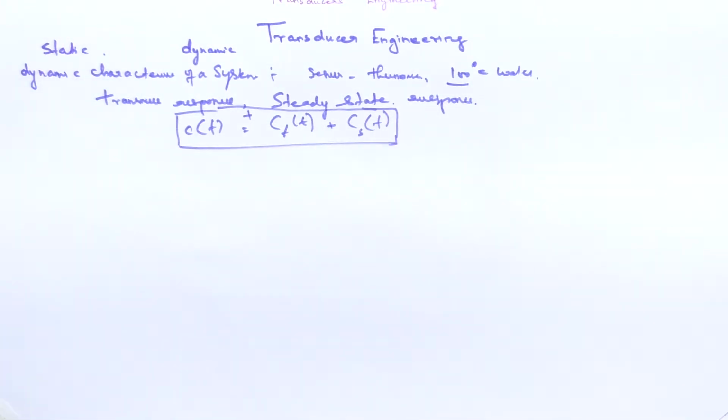So we have made it clear that for any kind of system we are going to take the dynamic response, and for the dynamic response there are two factors involved: one is the transient response and the other is the steady state response. The transient response is the contribution that gives an immediate overshoot and then goes to zero.